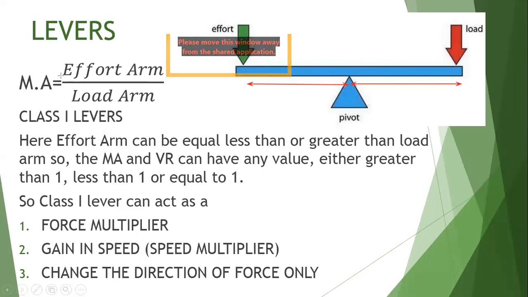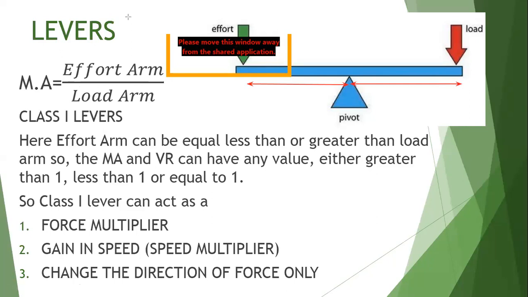In that case, your MA will come out to be 1, your VR will come out to be 1, and the most important thing is that your lever can act as a change in the direction of force only.